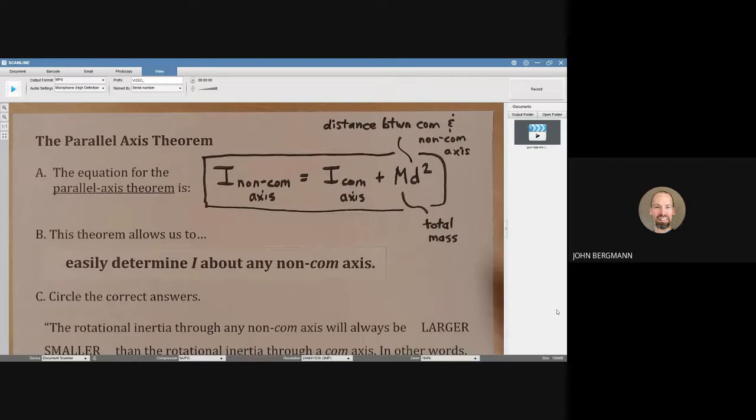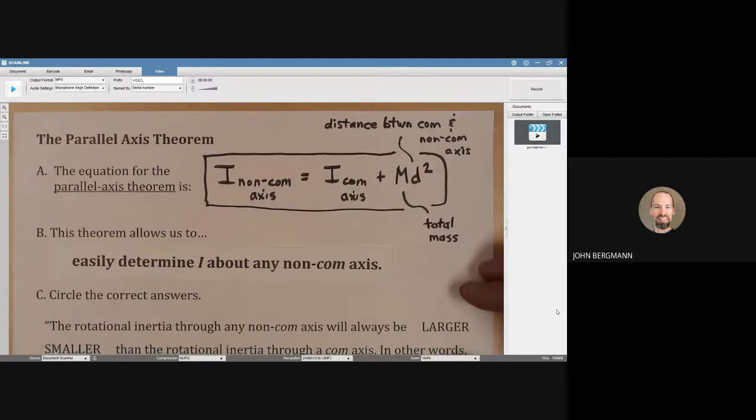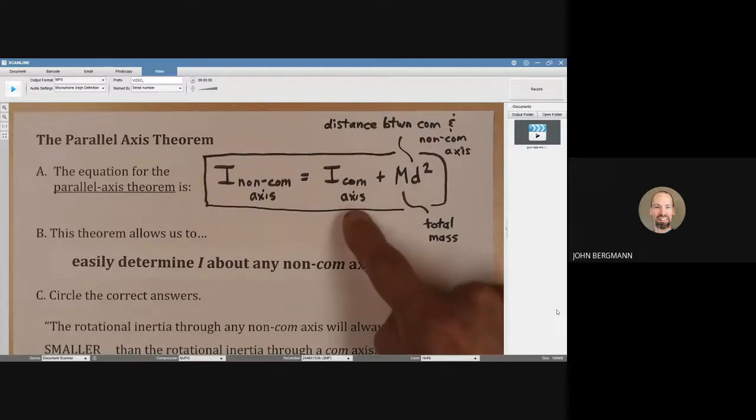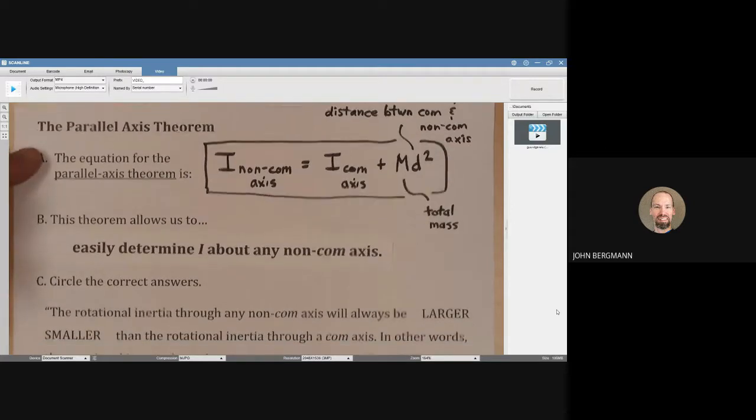You can usually look that up. You don't have to do r squared dm all the time. Often you can just look it up in a table, which is awesome. If you want to find out what the moment of inertia about a non-center of mass axis is, then you can usually use that tabulated value, and then you just tack on this md squared portion, and you're done.